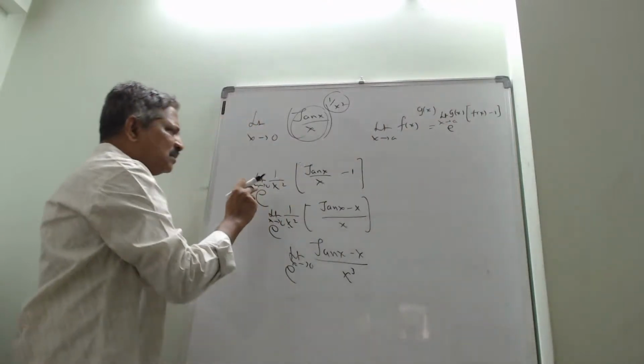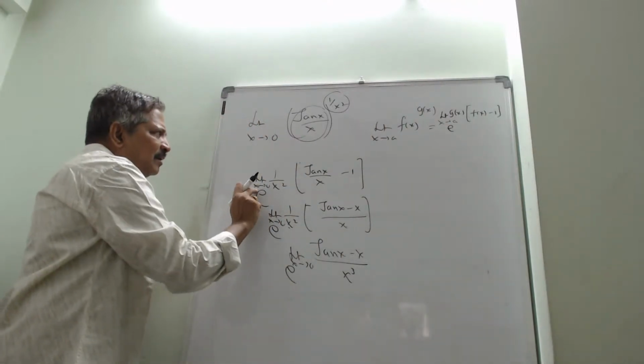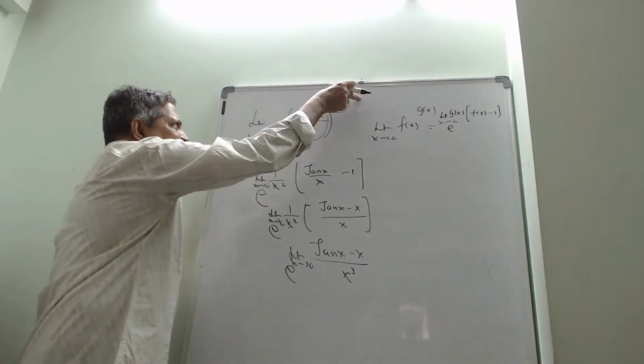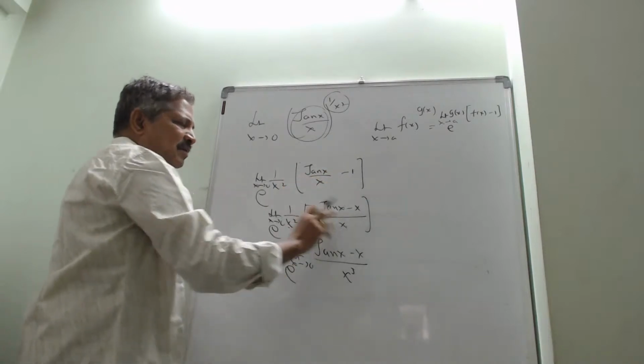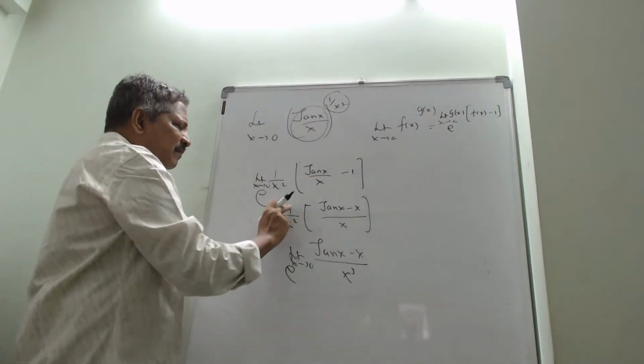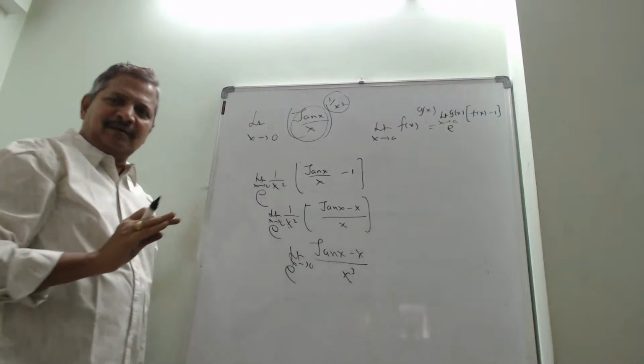By using this, e power limit x tends to 0, g(x) is 1 by x square, f(x) minus 1 is (tan x by x) minus 1, LCM gives (tan x minus x) by x. So limit 1 by x square into (tan x minus x) by x.